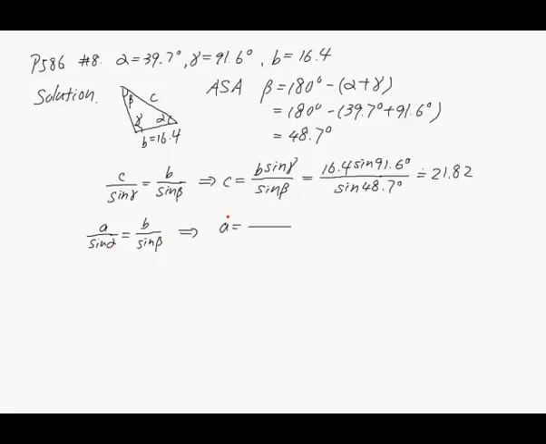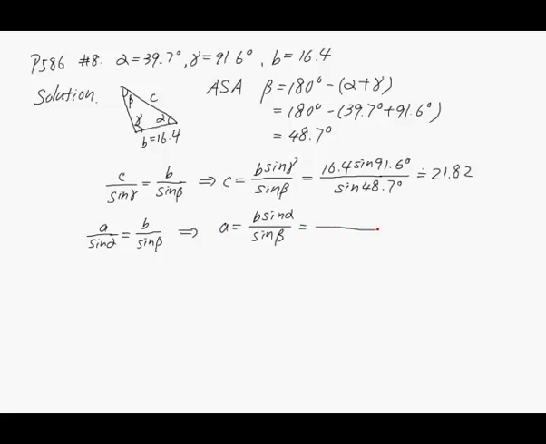You have A equal to B times sine alpha over sine beta. And you compare these two equations. You see here, you want to find C, you use angle gamma, right? If you want to find A, you use angle alpha. So just replace the angle gamma by alpha, then you get A.